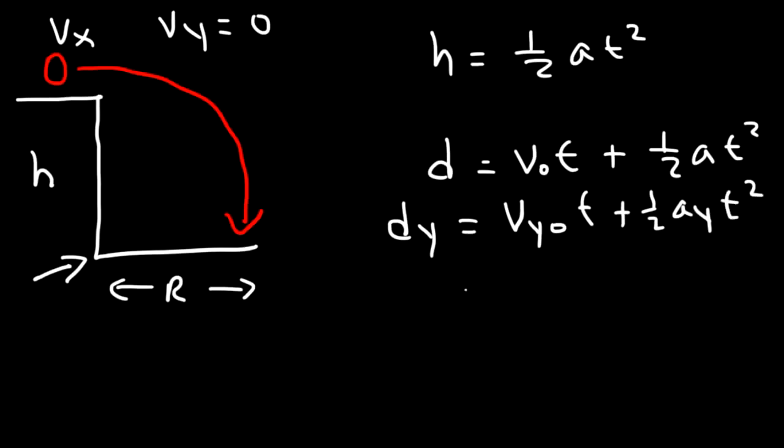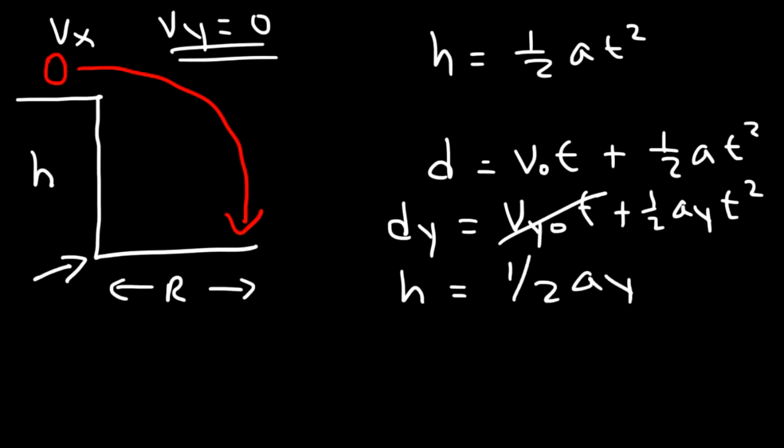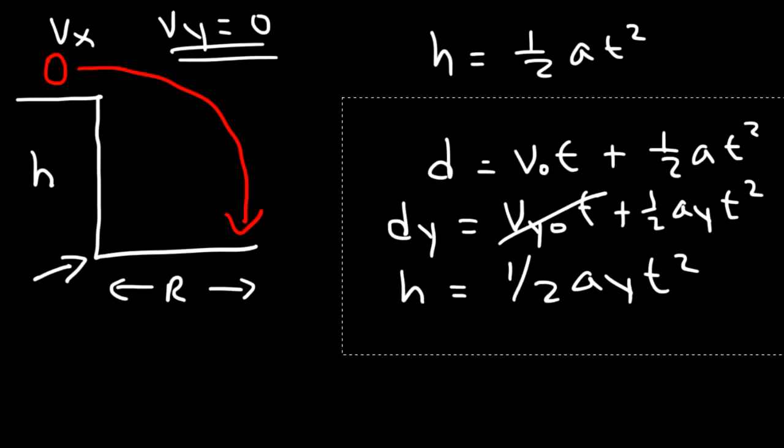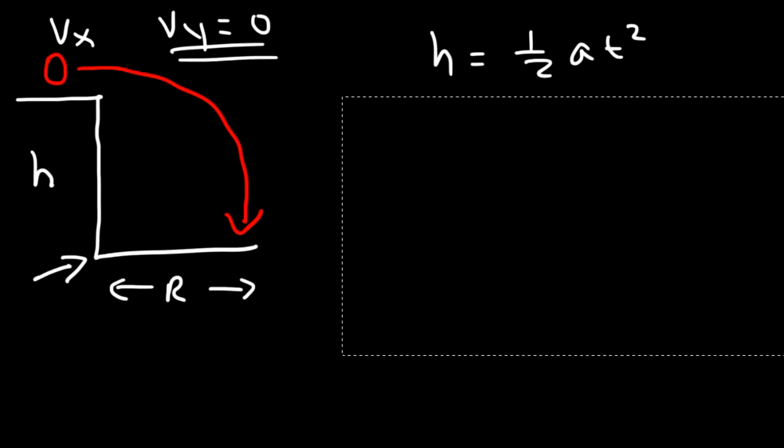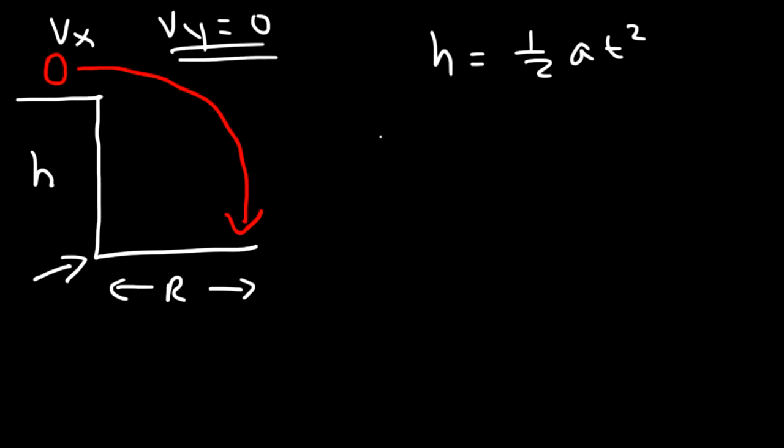Now, dy is basically the height. At the top, Vy is 0, so this term disappears, and so you get this equation. So make sure you know this equation. H equals 1/2 at squared. It's very useful for this type of trajectory. Now, if you wish to calculate the range, it's equal to Vxt. Remember, we said that whenever an object moves with constant speed, d is equal to Vt.